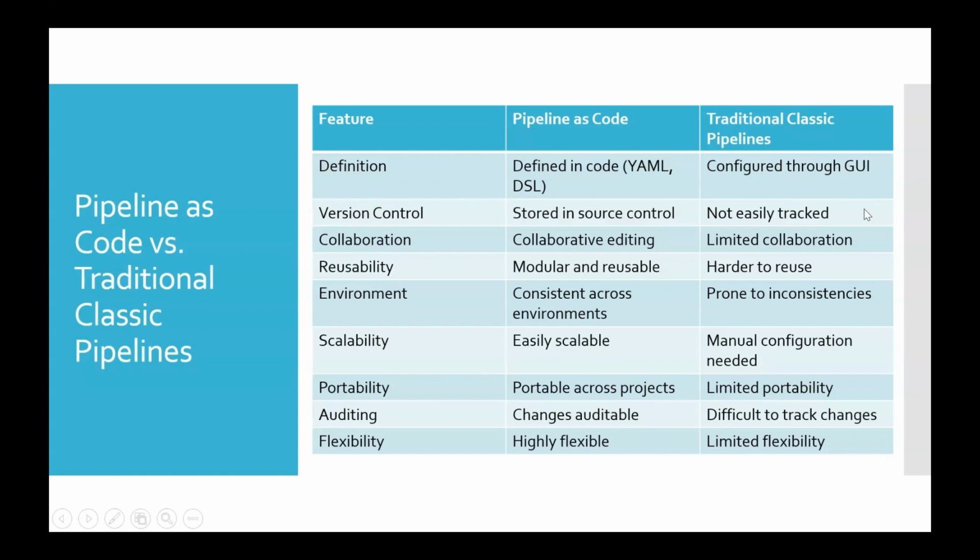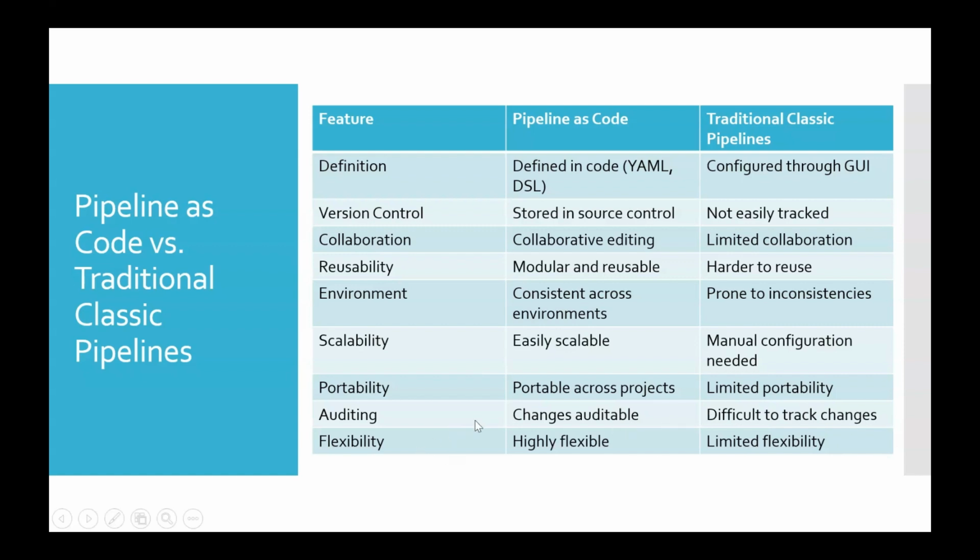But in case of classic pipelines, it is very difficult to track changes. Anybody can go ahead and modify the pipelines if they have the required permission, so it is very difficult to track who has made what change.